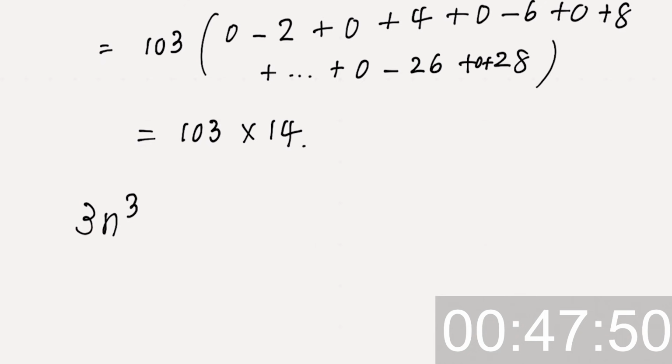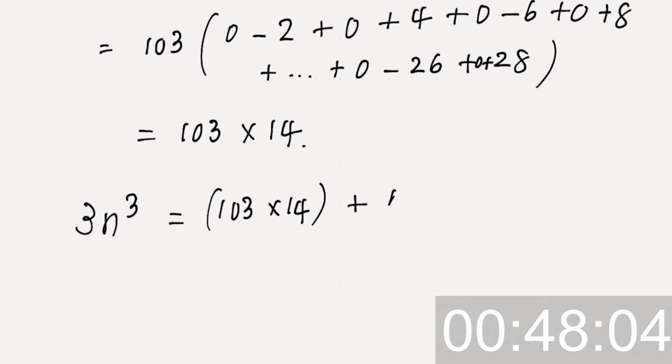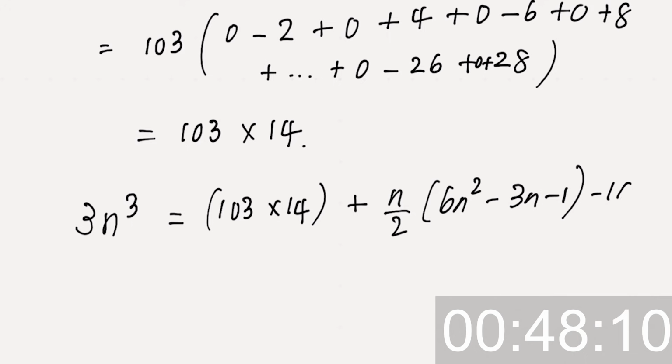So right, let's put all this together, shall we? Okay. So we want to calculate 3n cubed is equal to 103 times 14 from that one, and then we've got an n value, and then that's from the top, plus n over 2, 6n squared minus 3n minus 1 minus 166.